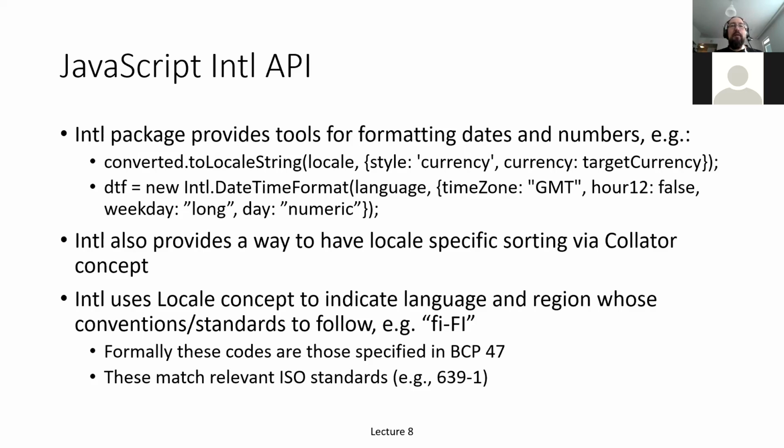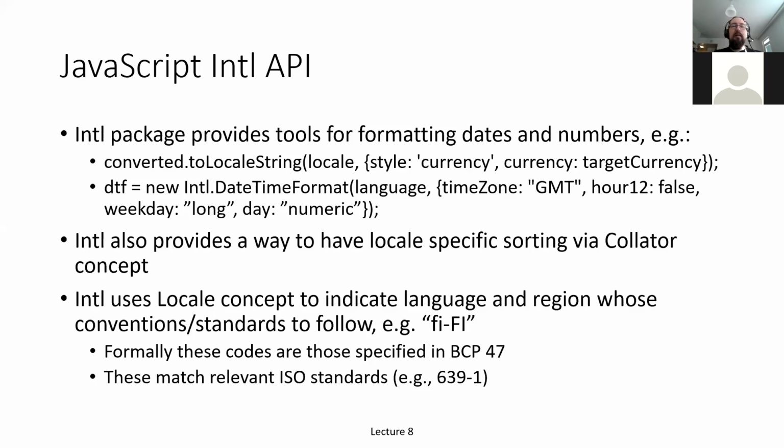We saw how to convert currencies, for example, and percentages and dates and times. And you have reasonable control there. It also provides a way, which I didn't show, where you can use the collator concept to do the sorting in a culture-specific way.